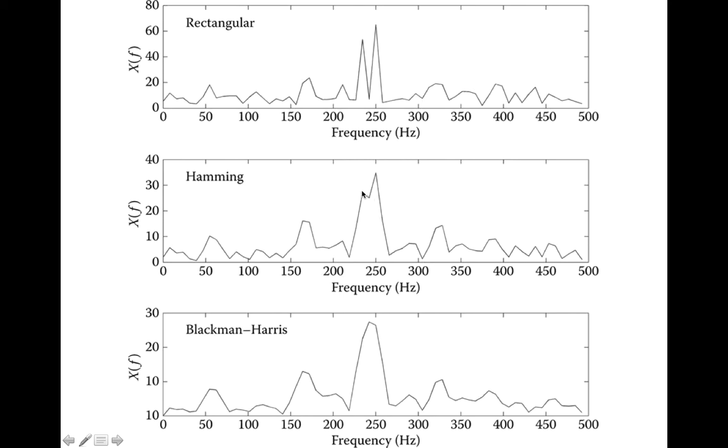When the Hamming window is applied, you can still distinguish the peaks. But notice there's a little bit of amplification showing up in the side lobes. And then notice on the Blackman-Harris, there's even more amplification and broadening of these side lobes in the frequency plot. And these two peaks are no longer distinguishable.